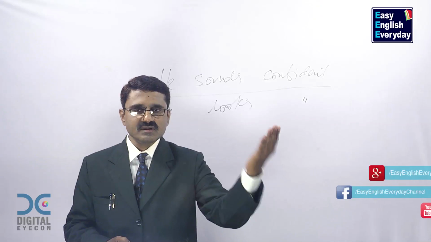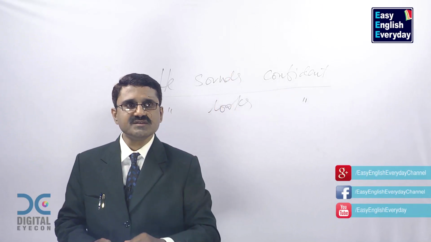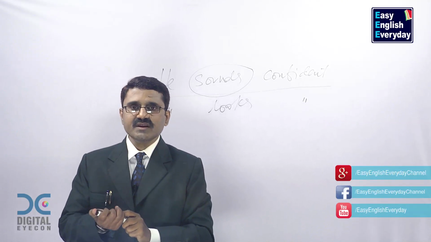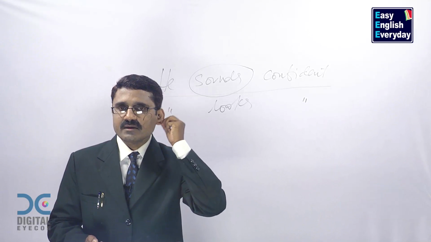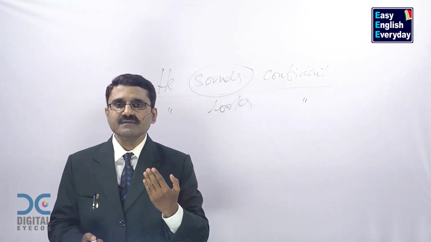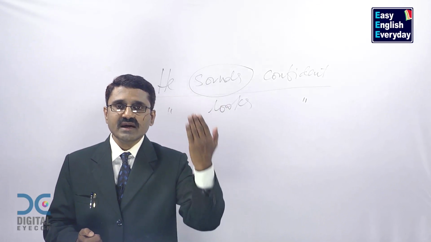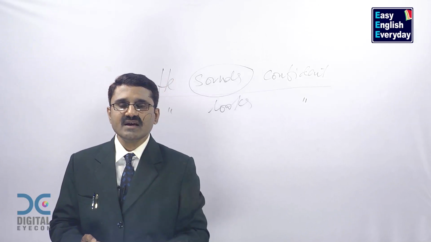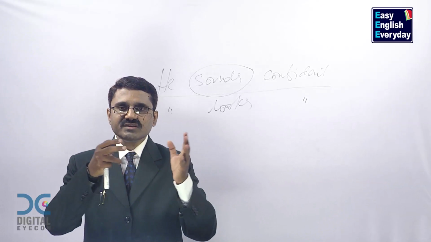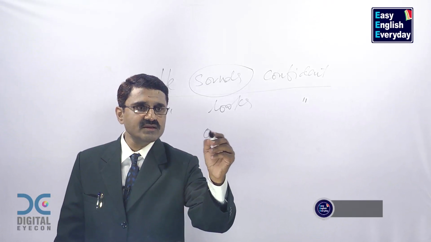He appears, he looks confident. Now he sounds confident is the opinion which I have made depending on the ear, the way I have listened, what I have listened, the way he has spoken, what he has said. Based on that, I have formed an opinion.